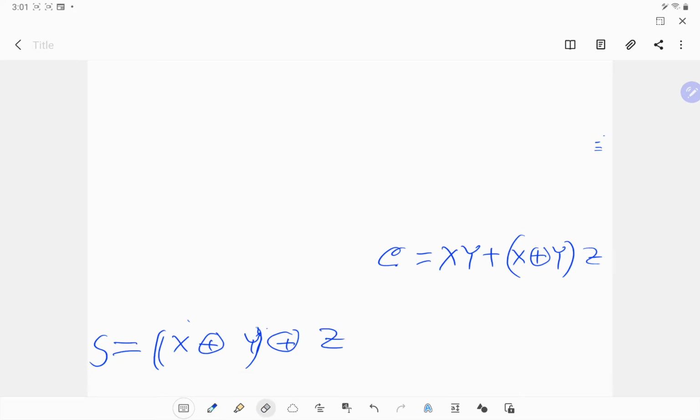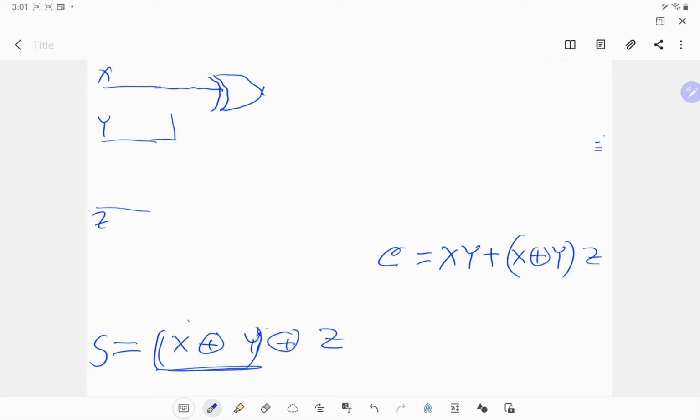We have the three inputs x, y, z. So first is x, y, z. First we need an exclusive OR between x and y.